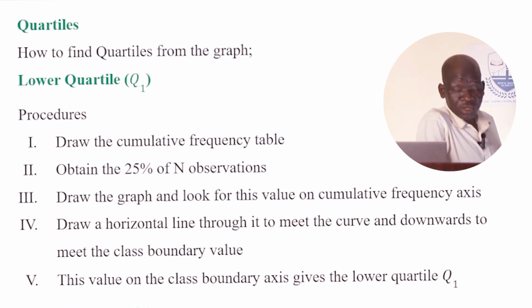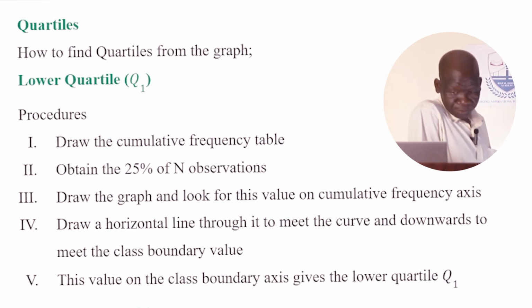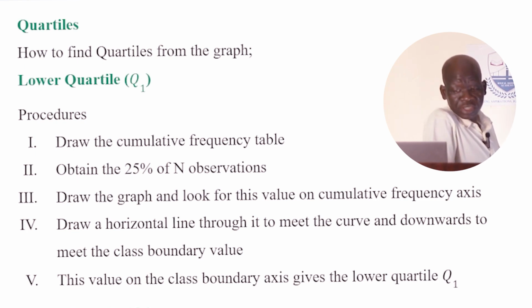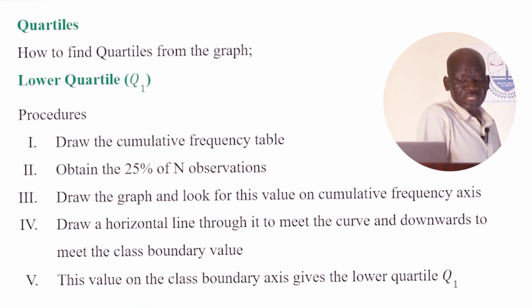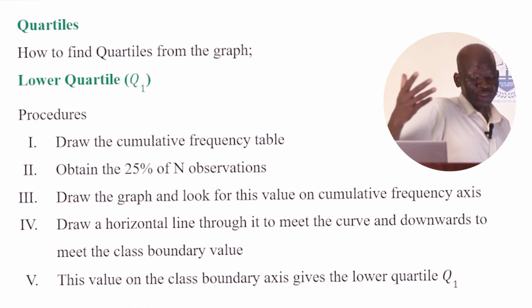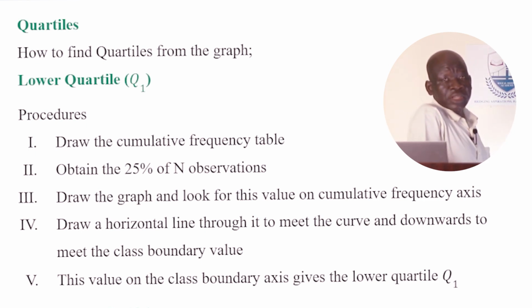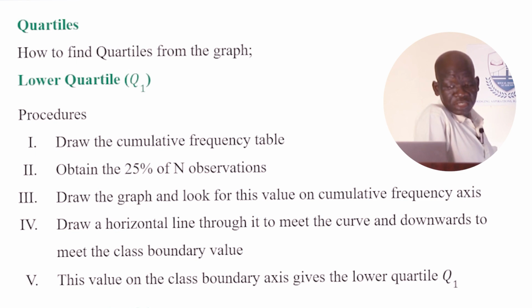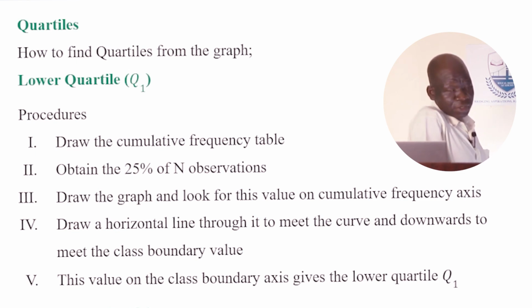So then we look for that observation. The 25% is the same as a quarter of n, so we get a quarter of nth observation. After obtaining that figure, we draw a graph now.